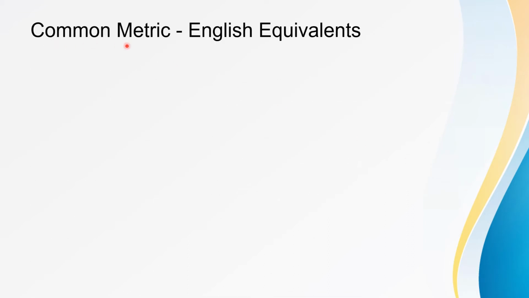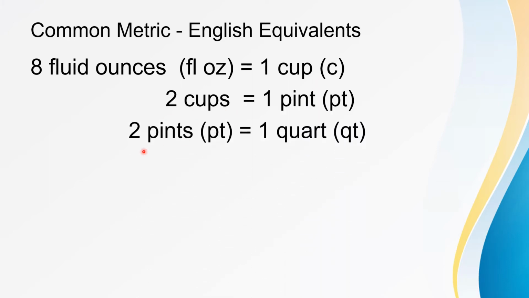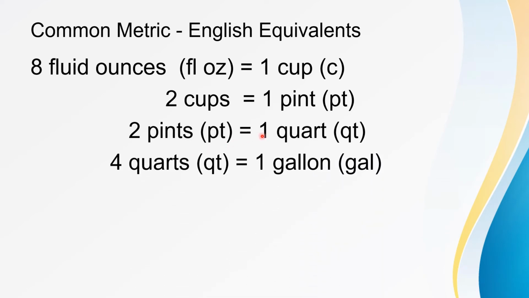So we have the common metric to English equivalents: 8 ounces equals 1 cup, 2 cups equals 1 pint, 2 pints equals 1 quart, and 4 quarts equals 1 gallon.